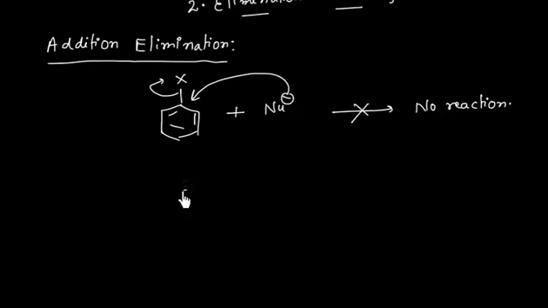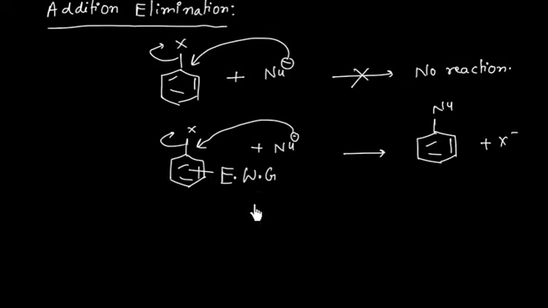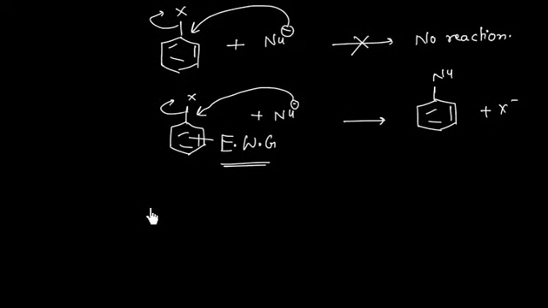But if an electron withdrawing group is attached to the benzene ring, in that case this reaction takes place, and this electron withdrawing group should be at the ortho and para position only.